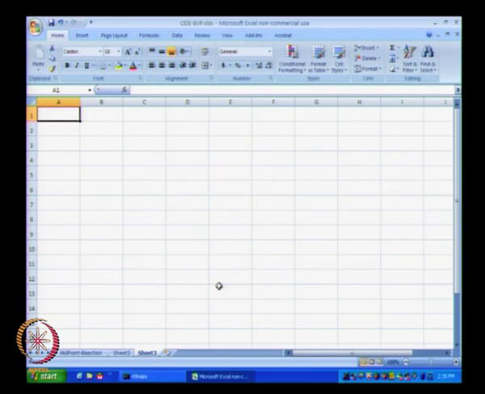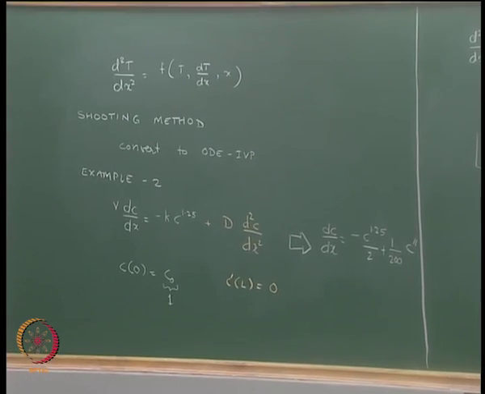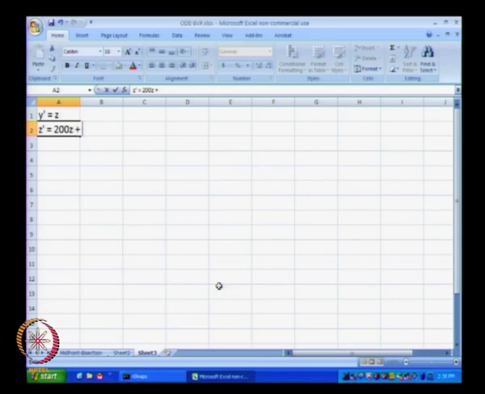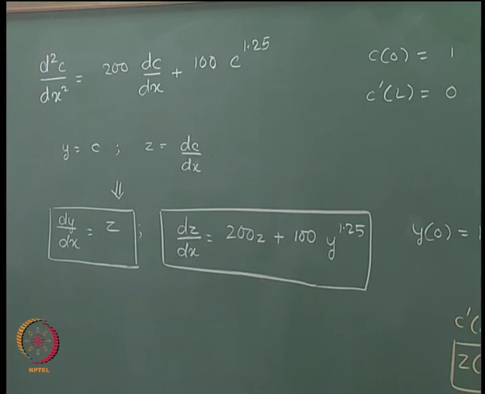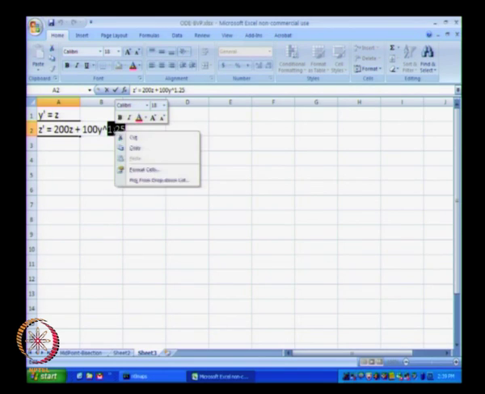The problem that we wanted to solve, we would write that as y dash equal to z, and z dash is going to be equal to 200z plus 100y to the power 1.25. Okay, so we will just do format cells and beautify it a little bit.